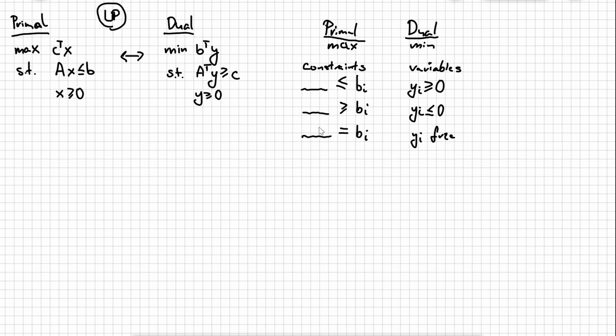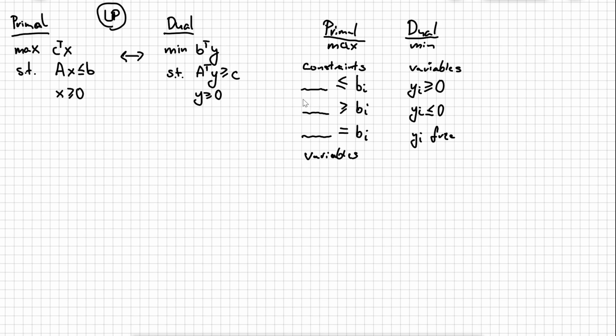So this is for constraints. What about the variables? One thing before we continue: for every constraint in the original problem, there is a y variable associated with it, a dual variable.